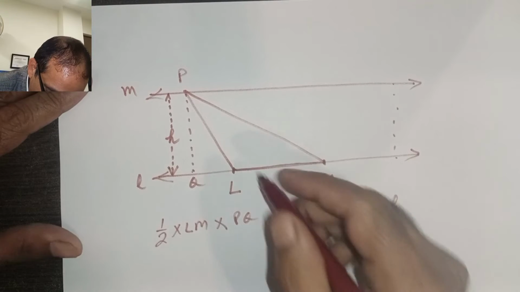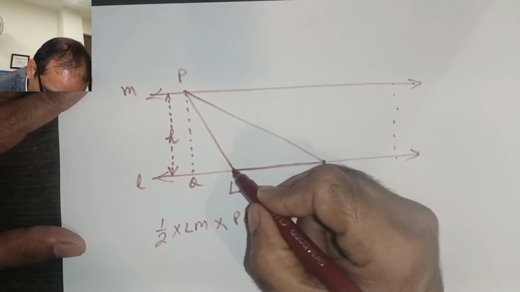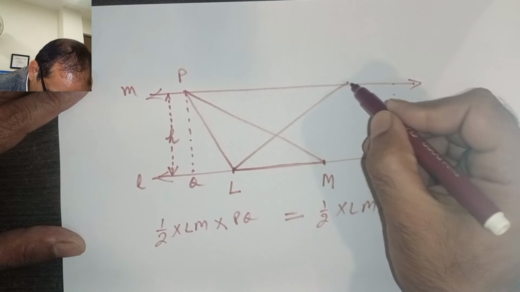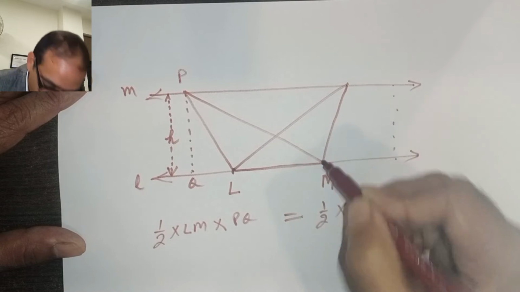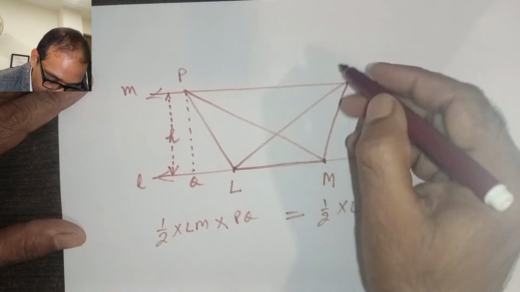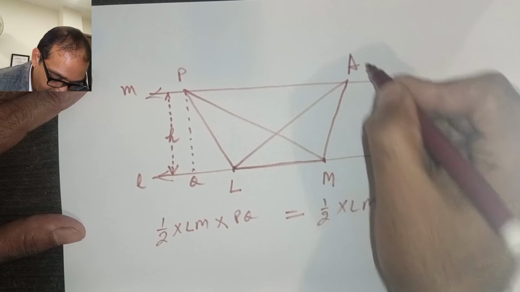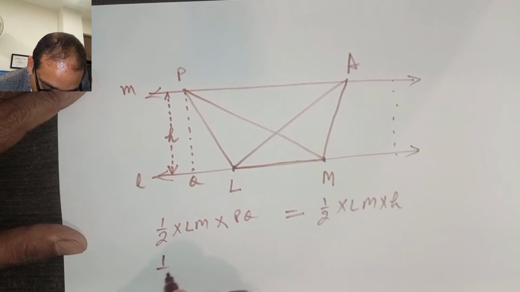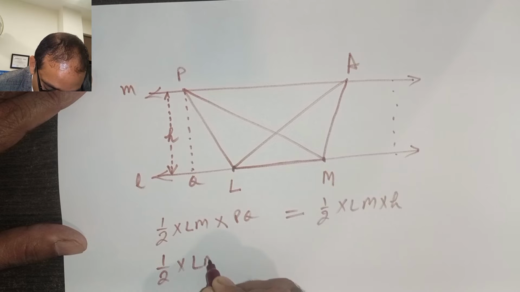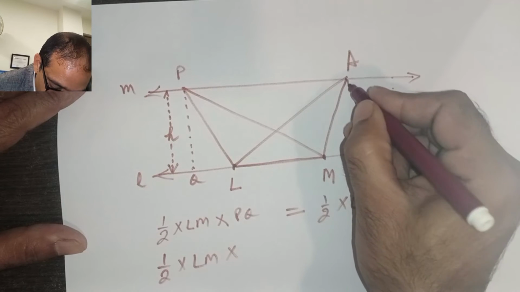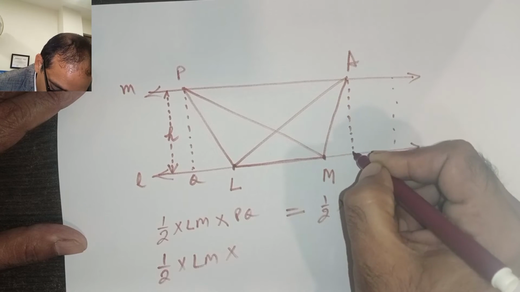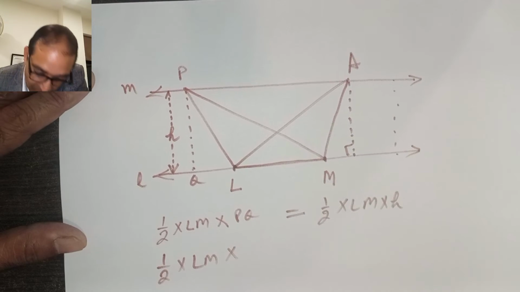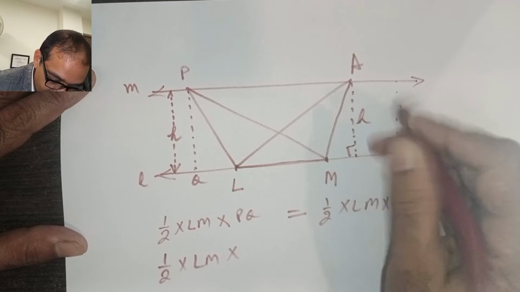Now I'm going to make another triangle with the same base LM. Let's take this as ALM. So what will be the area of ALM? Half into LM into this altitude. This again is H, isn't it?